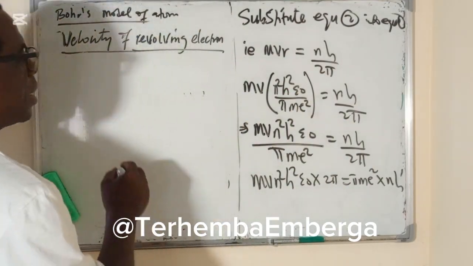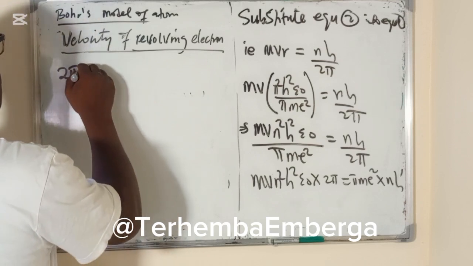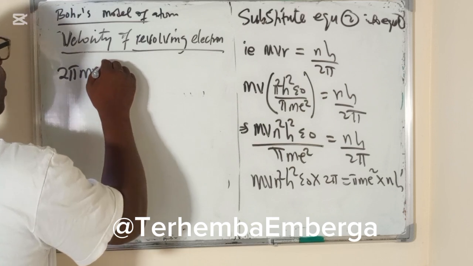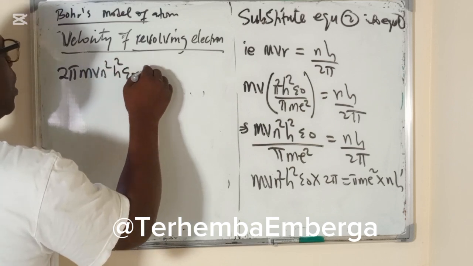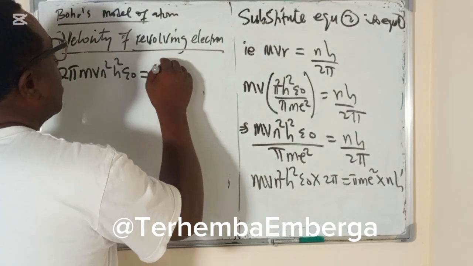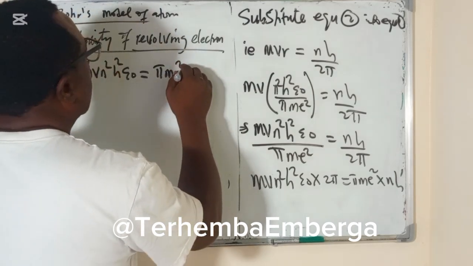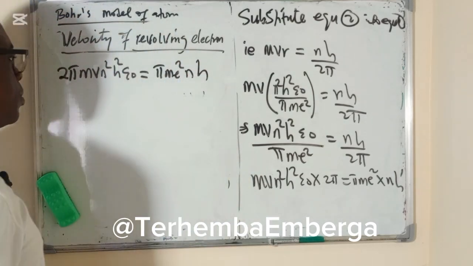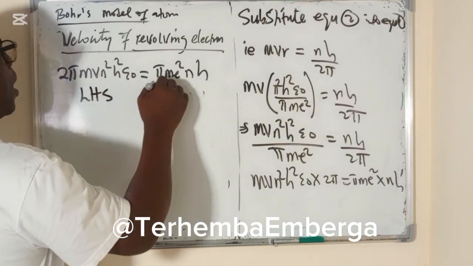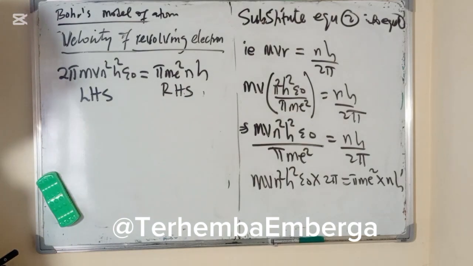We can write this as 2 pi m v n square h square epsilon naught equal to, just multiplying this by this, pi m e square n h. So this is the left hand side and this is the right hand side.